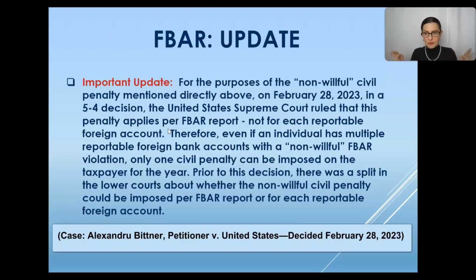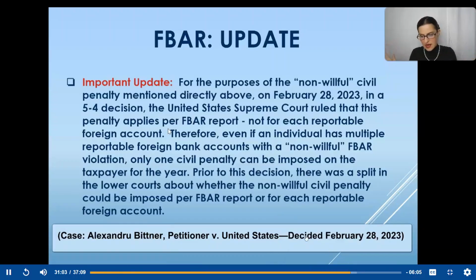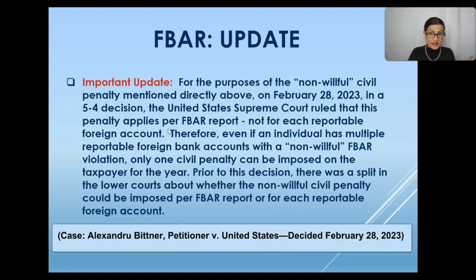All of his income was properly reported. There was no issue with him laundering money or doing anything shady. He was completely above board. But he just simply didn't report the existence of these foreign financial accounts. He didn't file the FBAR. And his accountant had told him that he didn't have to, right?